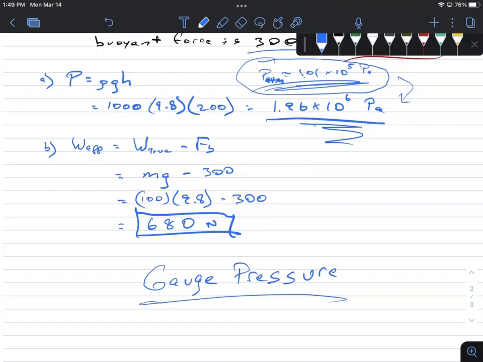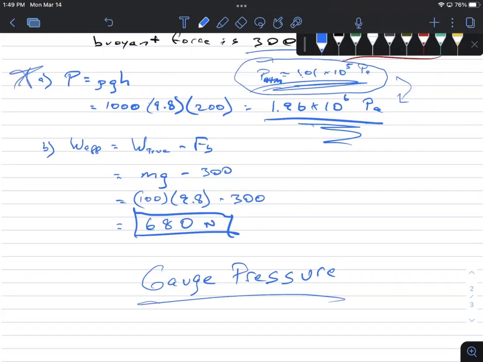And so what we're going to do is modify what we did in part A here. Instead of calculating what pressure the diver feels, what I'd like to do is figure out what the scuba gear would say the pressure is. The scuba gear would not say this number we just calculated. What the scuba gear would give us is the gauge pressure. This is what's called absolute pressure.